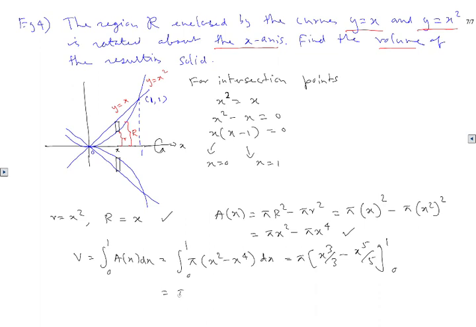So you get pi. If you plug in 1, you get 1/3 minus 1/5. If you take the common denominator, it is 15. So 5 minus 3, so it is 2 pi over 15 unit cubed. Okay, so that's the volume of the solid generated by rotating those two curves.